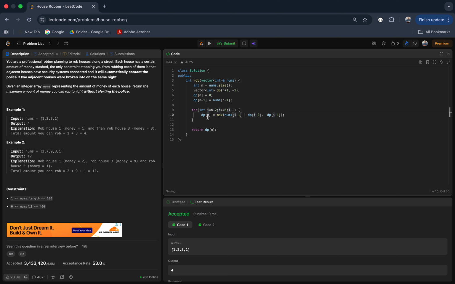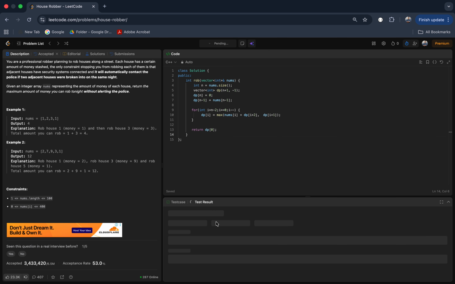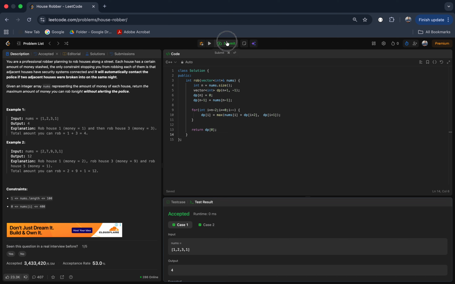For dp of i, in the 0th index we will have our answer. This will be dp of i equals nums of i, and if nums of i is taken, then I need to go to i plus 2. If I haven't taken it, I need to go to i plus 1. So for n minus 2, if I calculate it, I will get my answer here. I will submit it here.